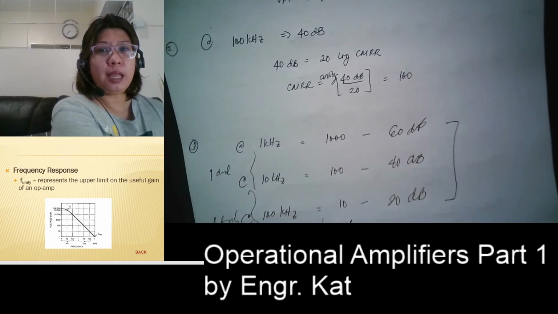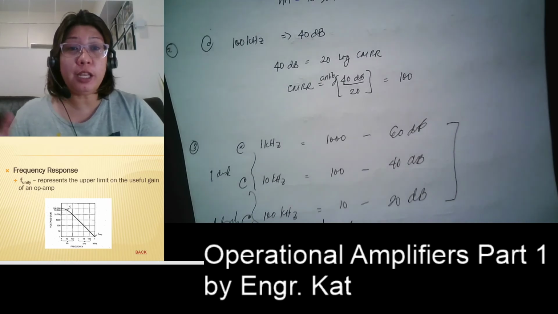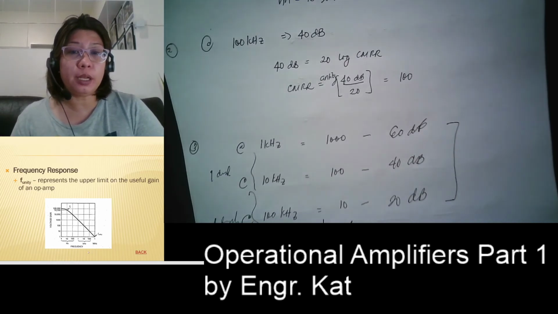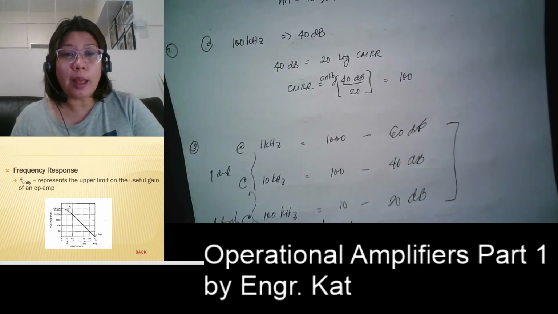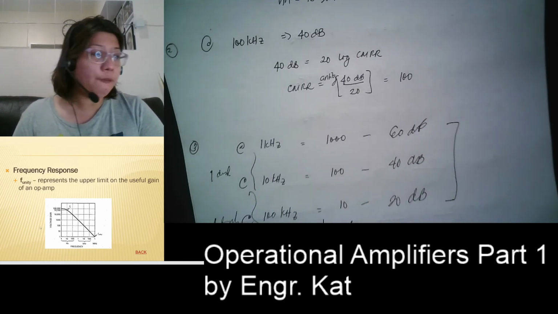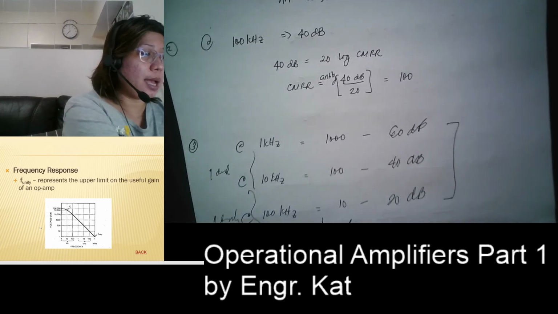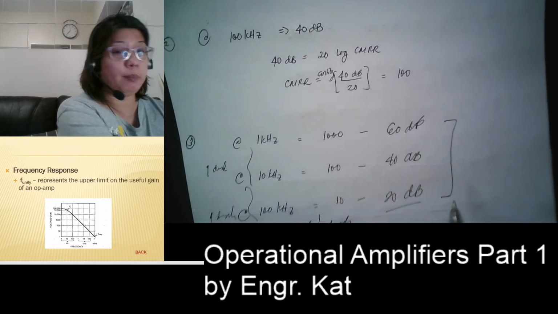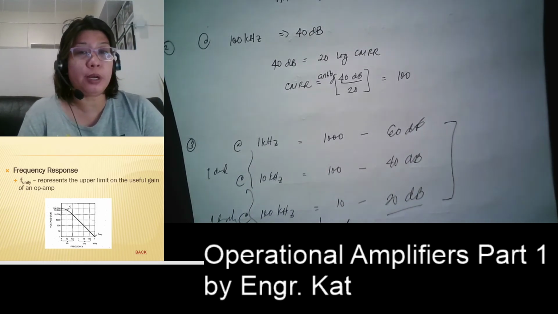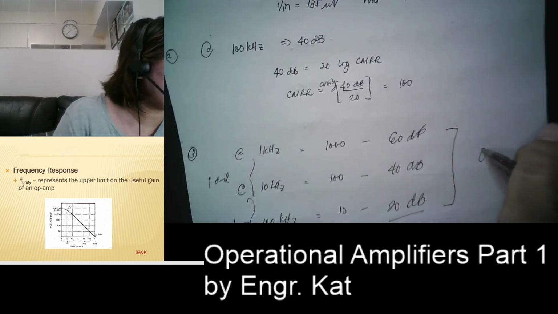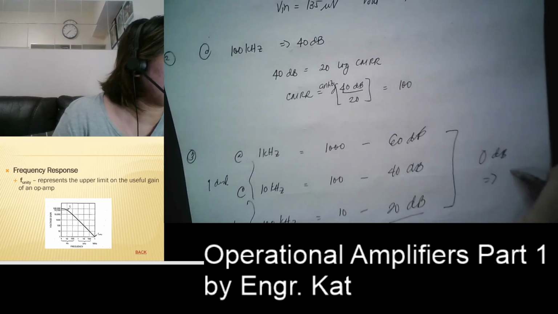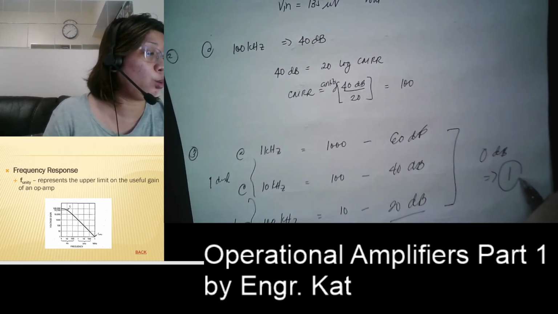And then if we further increase the frequency, after 100 kilohertz is 1 megahertz. After 1 decade, you can see that it will decrease again by 20 dB, so it is now equivalent to 0 dB. And what do we mean by 0 dB? 0 dB corresponds to a gain equivalent to 1.